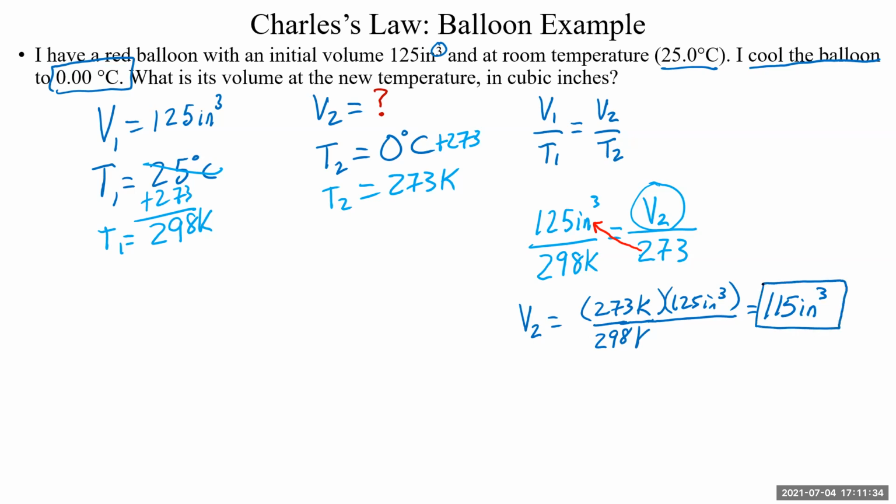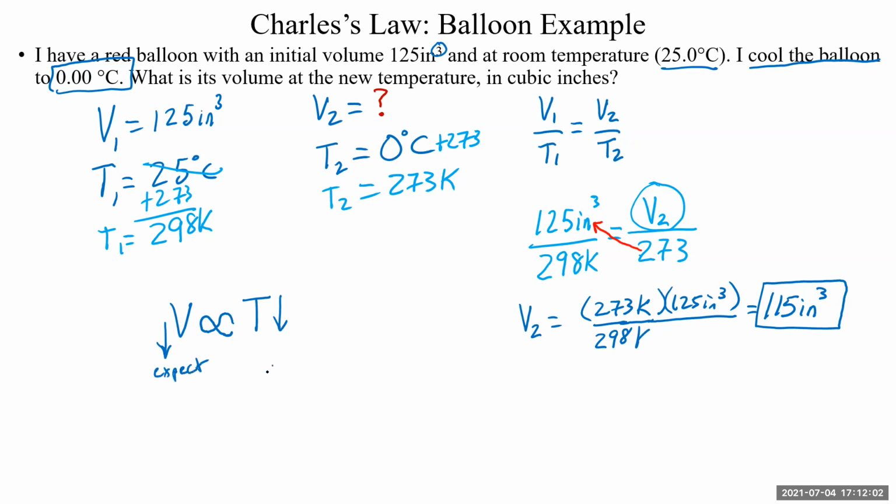Could we have at least predicted that the volume of the balloon would have been smaller? Yes, we could have. Remember, volume is directly proportional to temperature, and this half infinity symbol is the proportionality symbol. We saw our temperature go down, therefore we should expect that our volume should also go down.